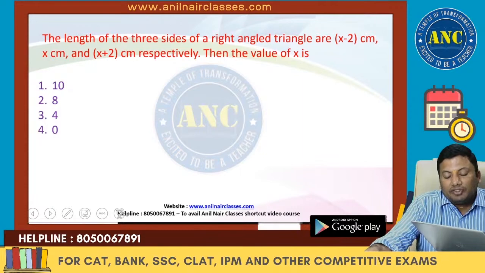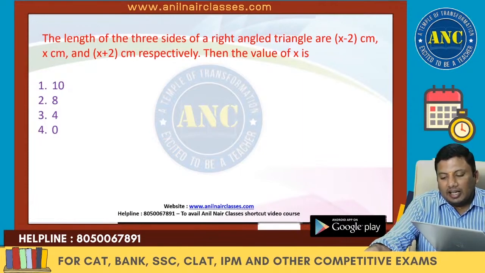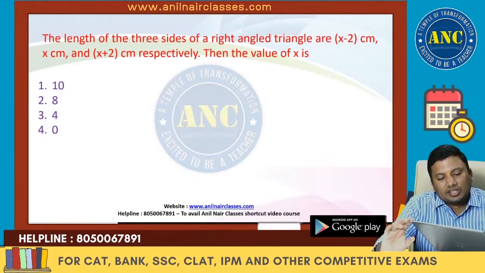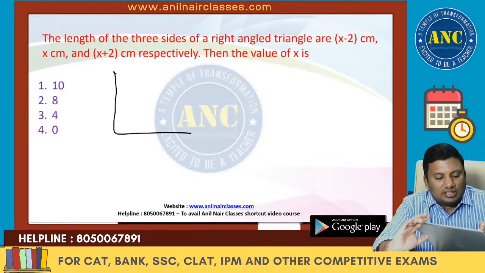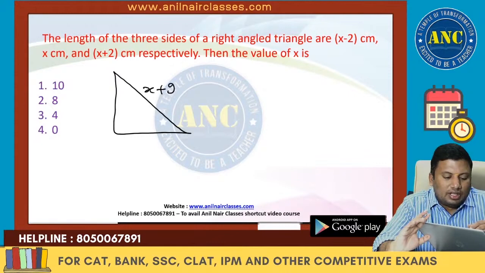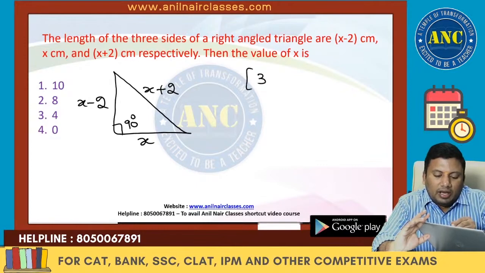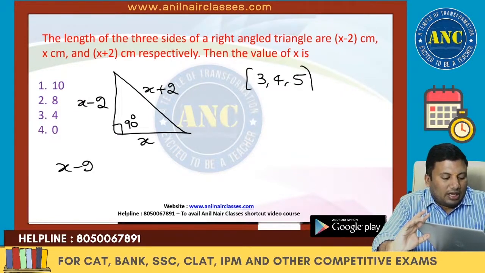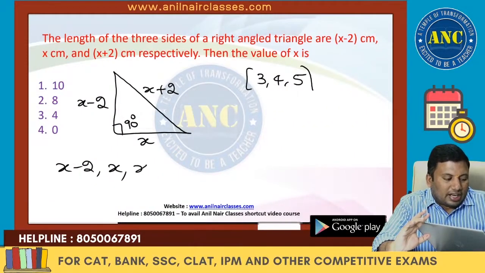The lengths of the 3 sides of a right angled triangle are x minus 2, x, and x plus 2. x plus 2 is the largest side. So what is the Pythagorean triplet with x minus 2, x and x plus 2?